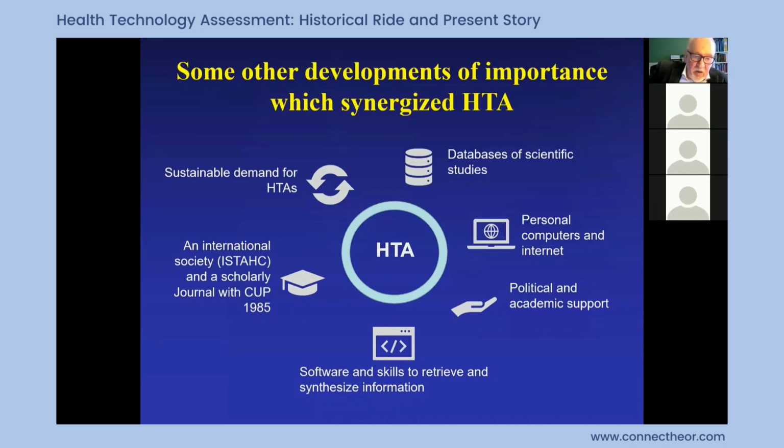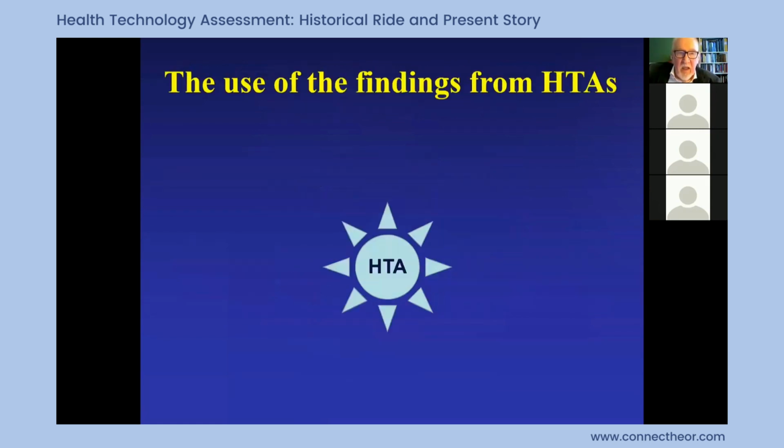And a scholarly journal with Cambridge University Press was launched in 1985 with myself and Stanley Reiser as editors for the next 20 years or so. And that journal reached the top of 4,000 subscribers a few years ago. And these are things that synergize the HTA.